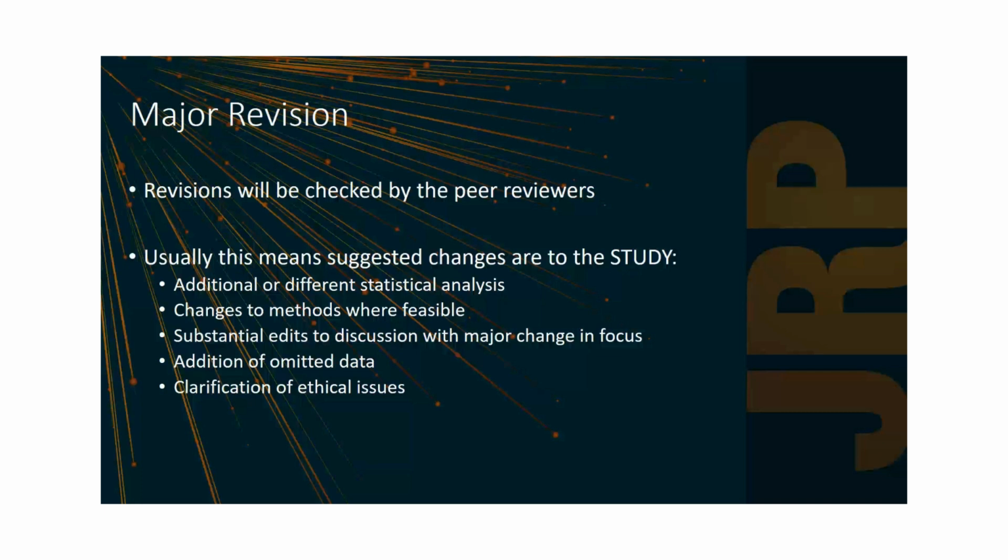So these kind of changes are things that the peer reviewers will need to see. So particularly where you've suggested that they've not considered something that's really important that you know about because you're an expert in the field. So a major revision requires them to undertake a lot more work to find lots of additional data, lots of additional methods, and potentially do a little bit of reanalysis of their work. Okay.